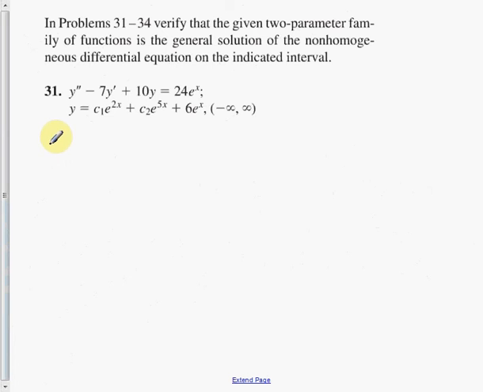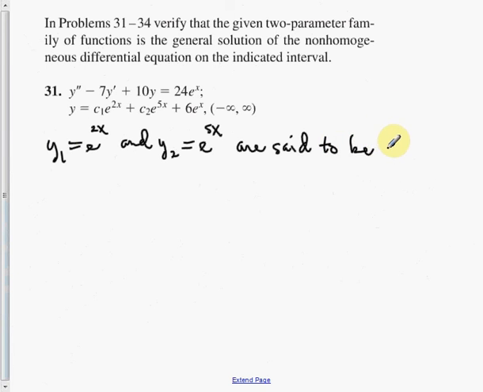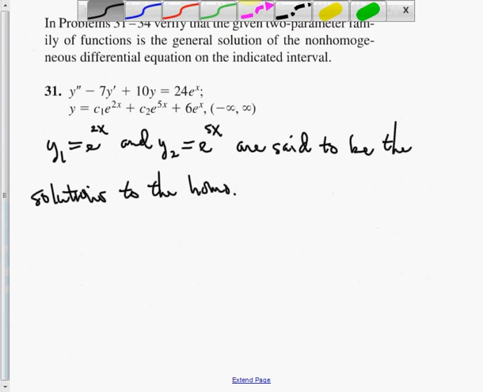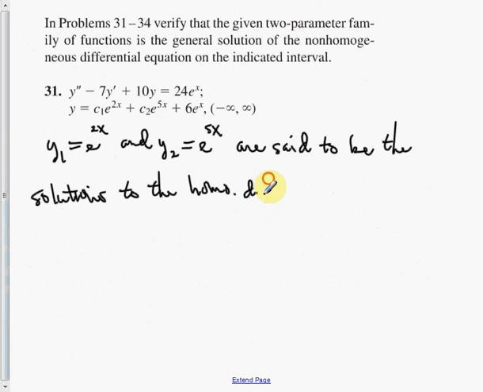So here's what we have. y sub 1 is equal to e to the 2x, and y sub 2 is equal to e to the 5x, are said to be the solutions to the homogeneous differential equation, which is y double prime minus 7 y prime plus 10y equal to 0.